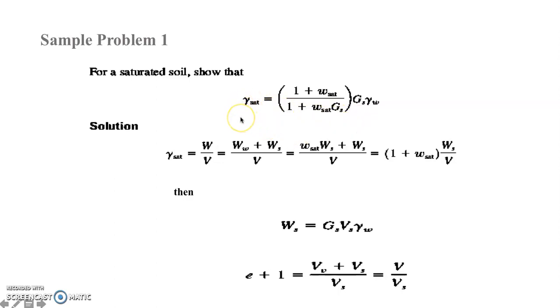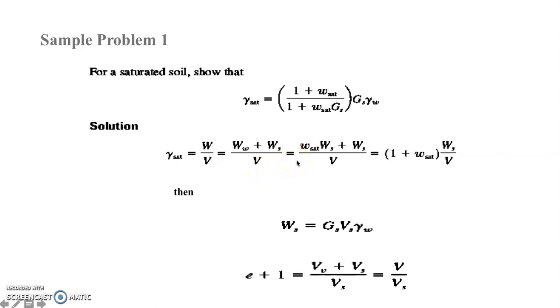So we're going to utilize some formulas that we have encountered a while ago. Basically, we're going to start with the saturated unit weight, and of course, that is equivalent to weight all over volume. For the weight all over volume, we have learned that that is equivalent to the weight of the water plus weight of the solid all over volume.